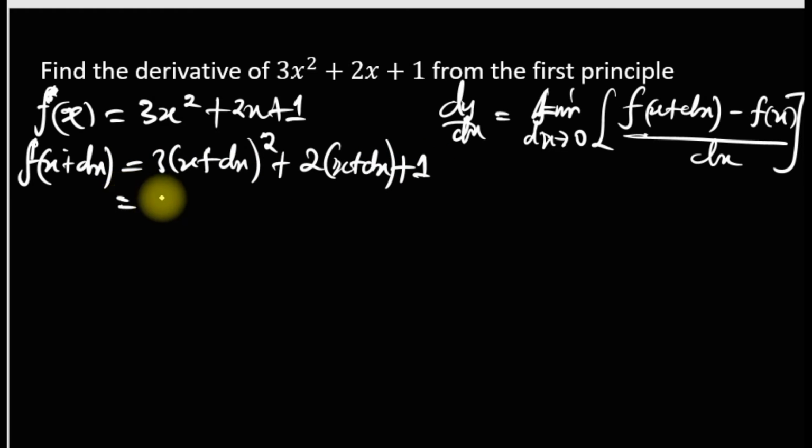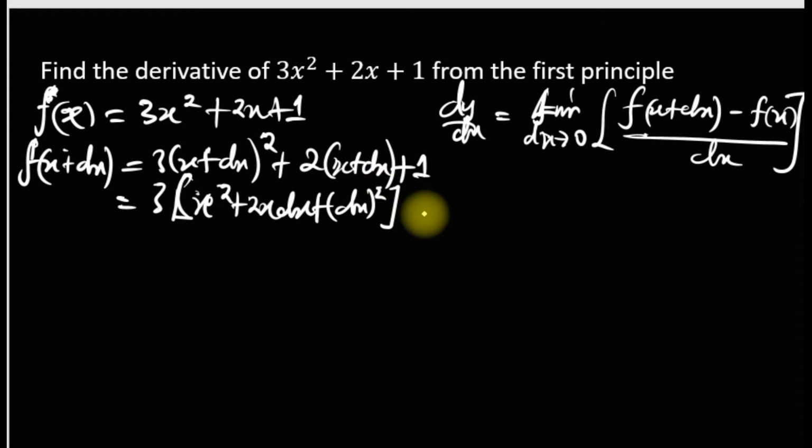We expand this: x squared plus 2x dx plus dx squared. Let's not open the 2 now, plus 1.